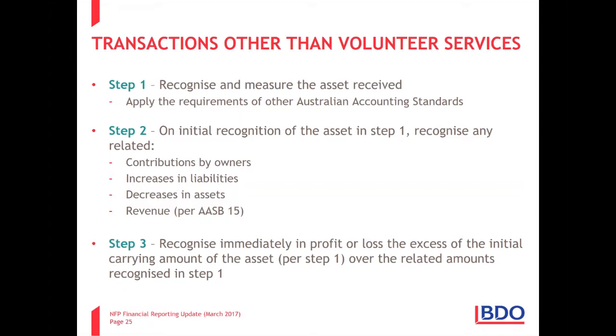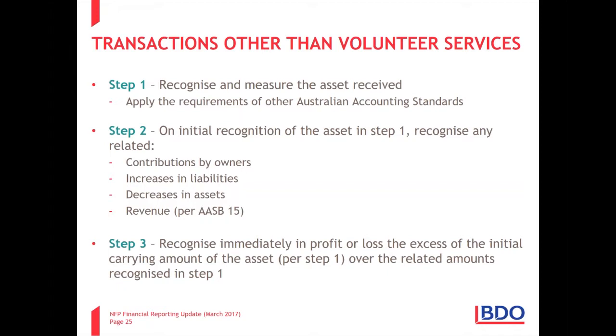So what do I mean by that? If I receive cash, I'll apply AASB 139 financial instruments, and usually I would say debit cash. If I've received property, plant and equipment, I would say debit property, plant and equipment. If I've received an intangible asset, I would debit an intangible asset.